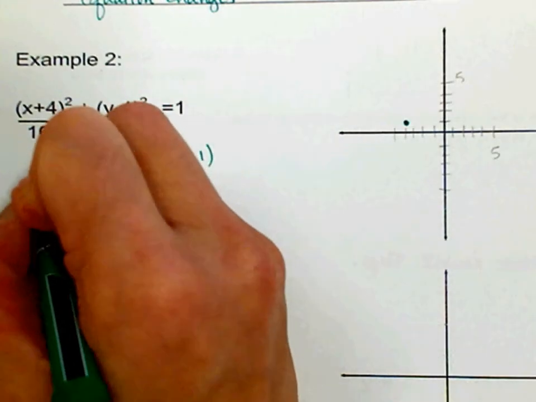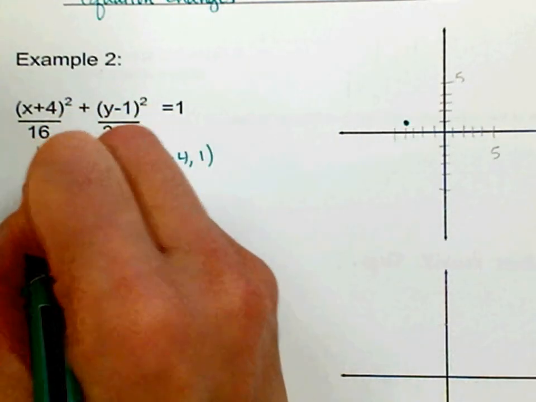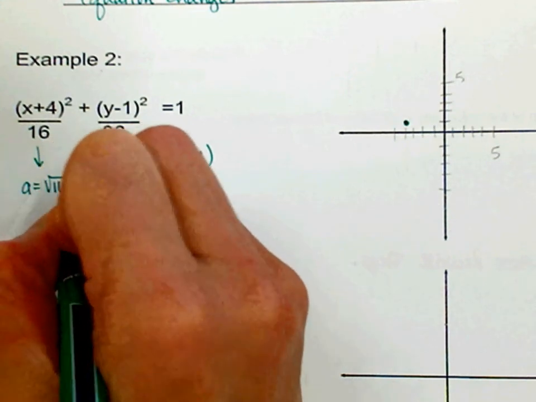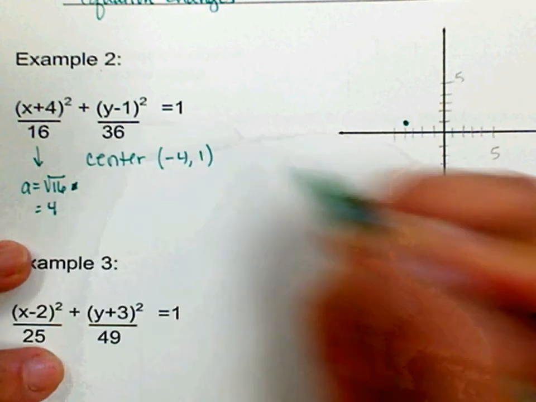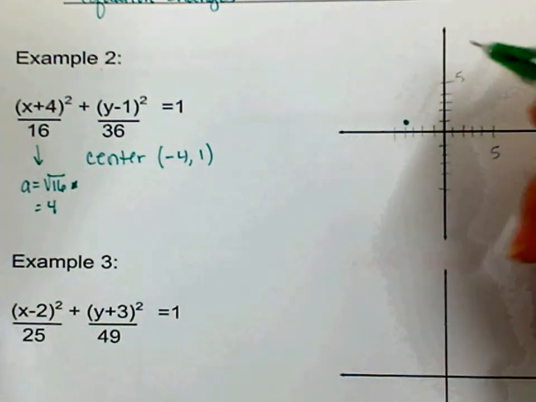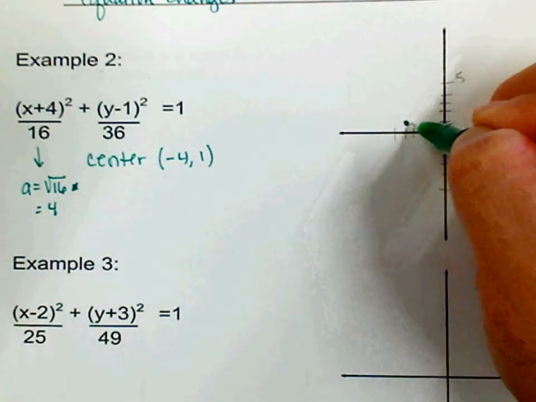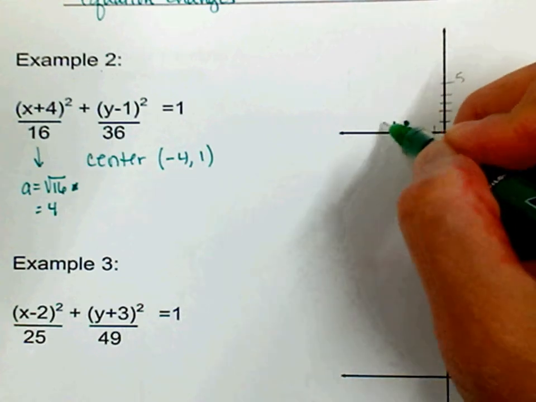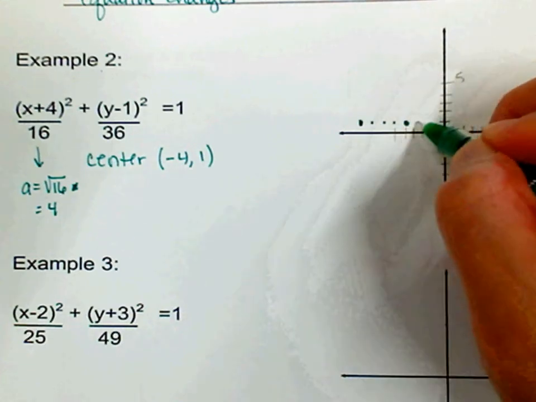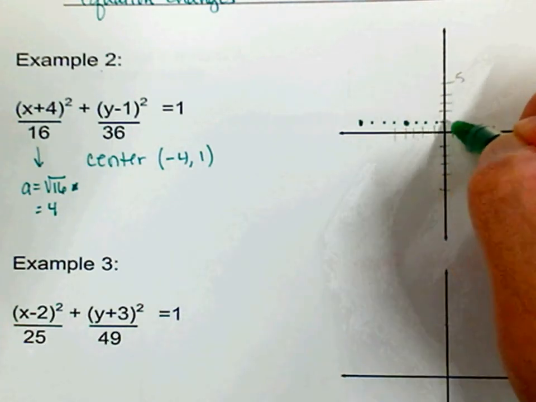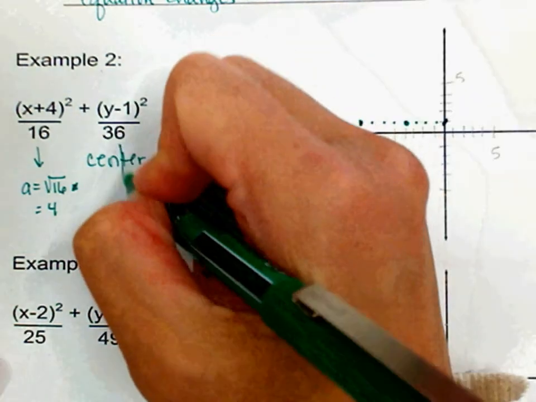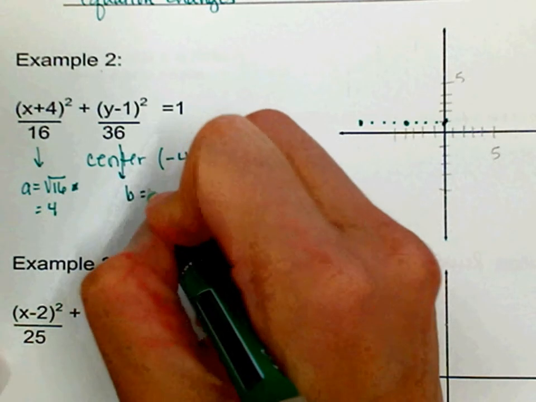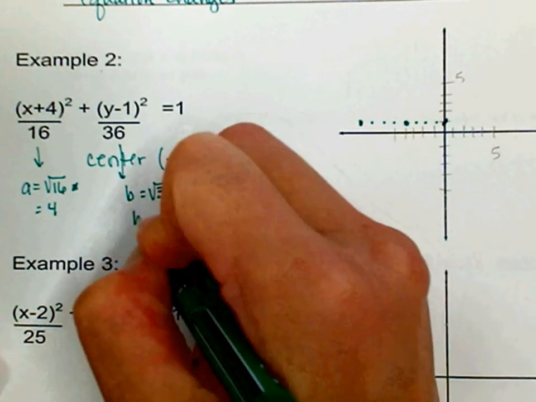A is equal to square root of 16, so A is equal to 4. Okay? So it's under X, so I'm going to go left 4 from the center. 1, 2, 3, 4. Your B is equal to square root of 36, so B is equal to plus or minus 6.